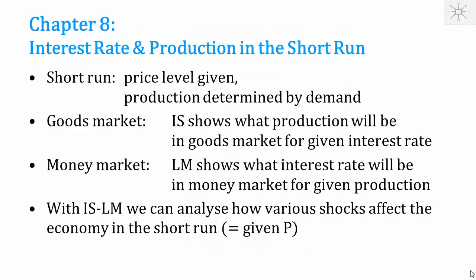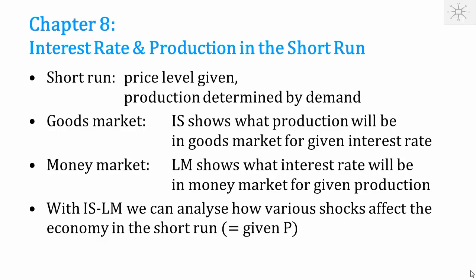Okay, that was a short introduction to Chapter 8 on the relation between the interest rate and production in the short run. In this chapter, we looked at the short run, meaning that we took the price level as given, and we assumed that production was determined by demand. And we analyzed the goods market.